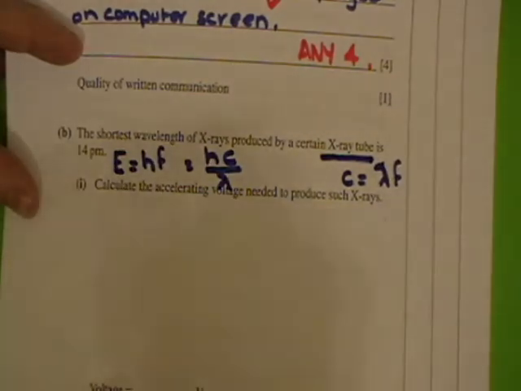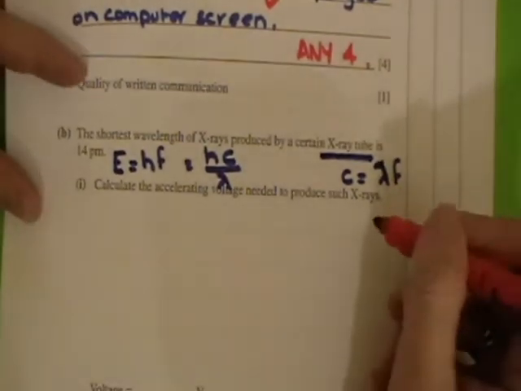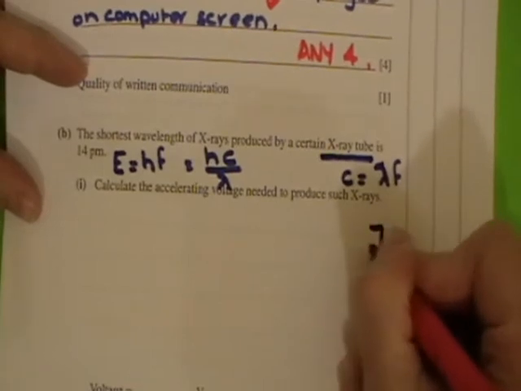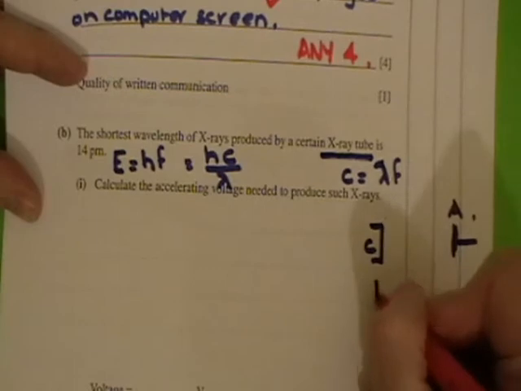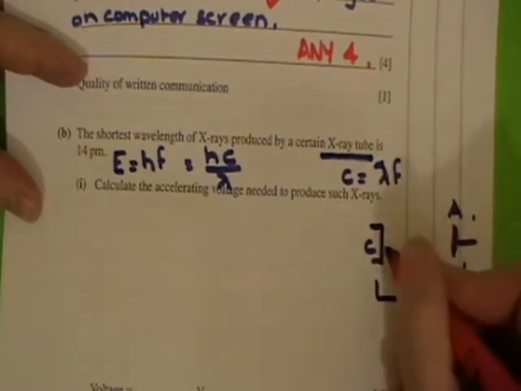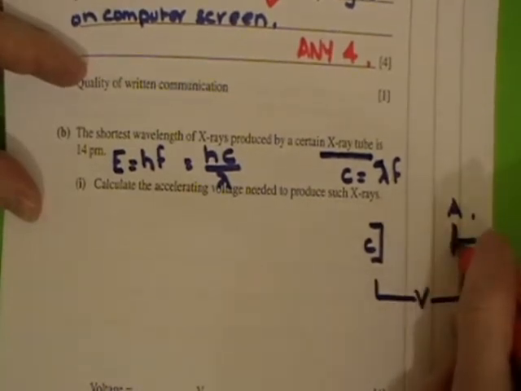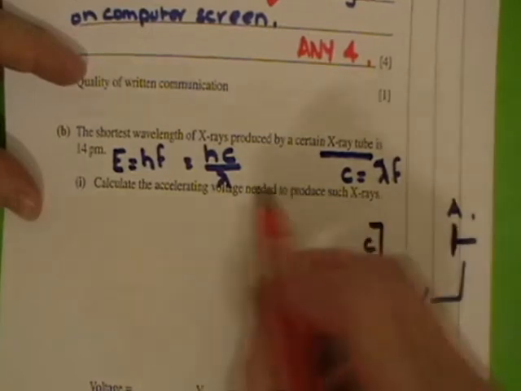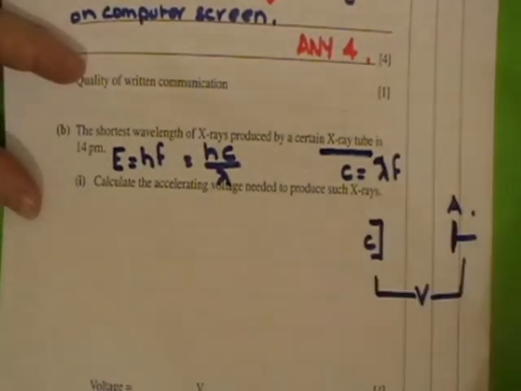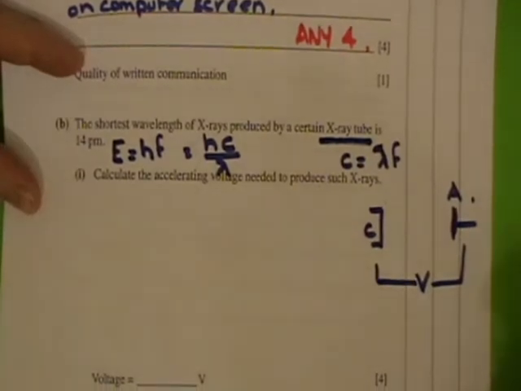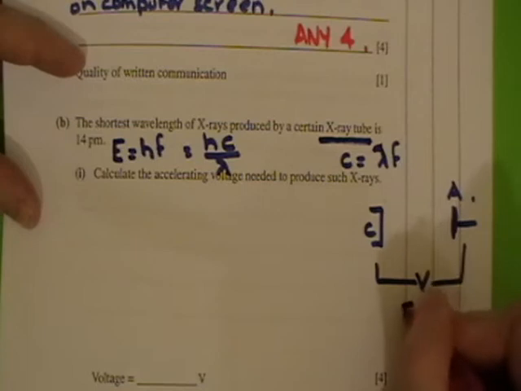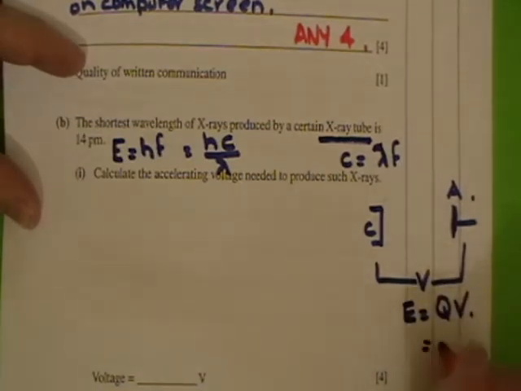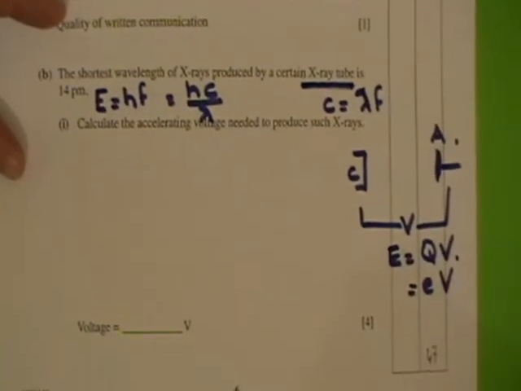That means what voltage do you need across the tube between the cathode and the rotating anode, so that electrons arriving give up all their energy to produce X-rays with this tiny wavelength. The energy the electrons acquire going across is given by E equals QV, where Q is the electronic charge, small e.